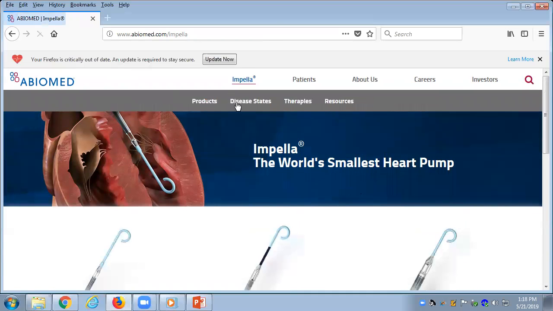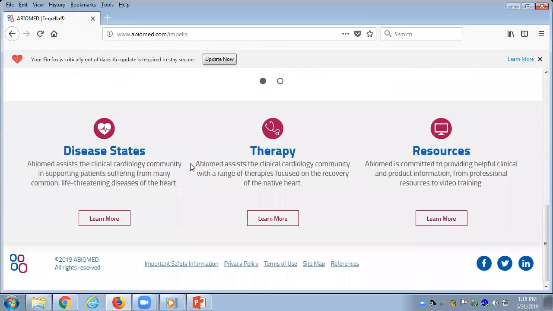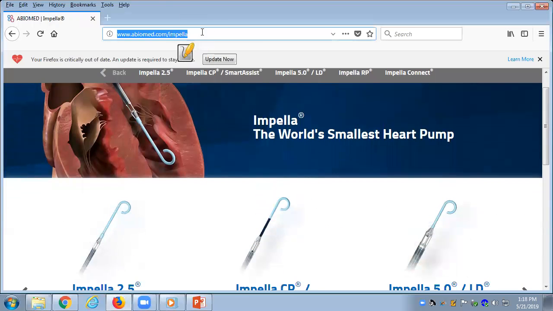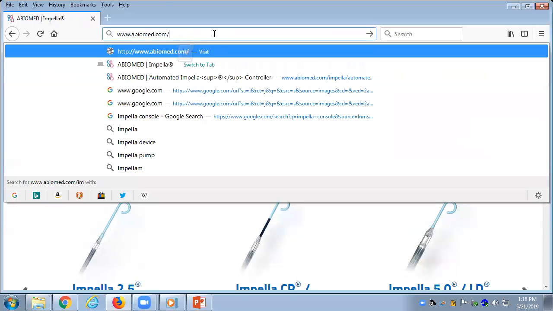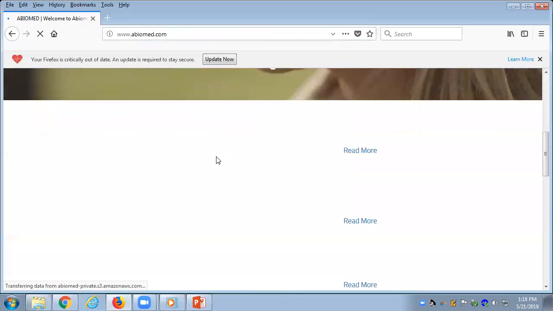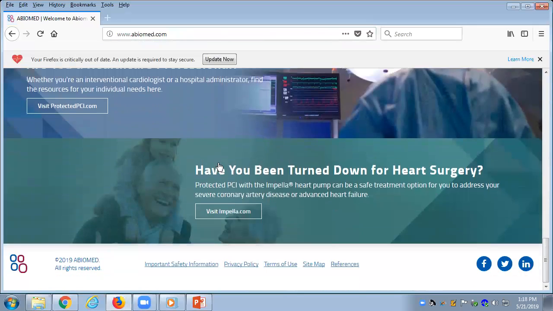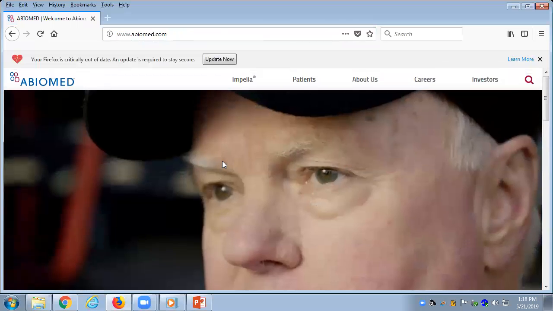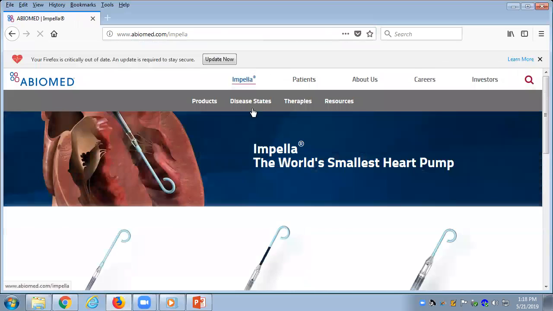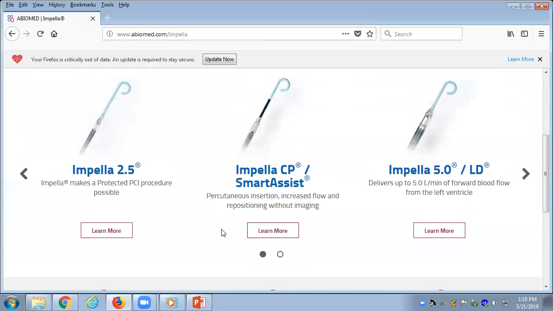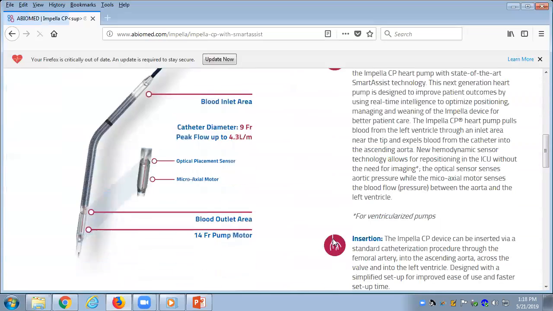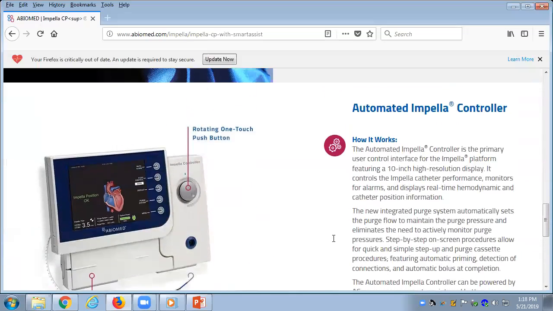They do have an app for that. It's funny you mentioned that, because I'm trying to find a console here. So this is what the console looks like.